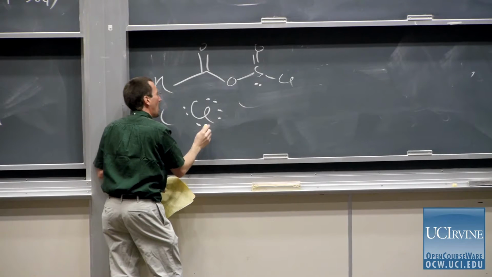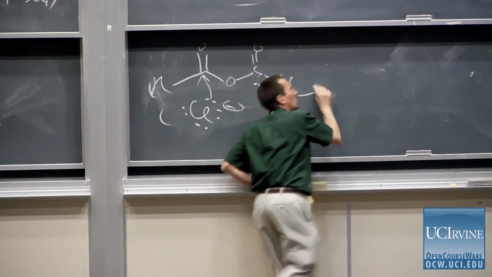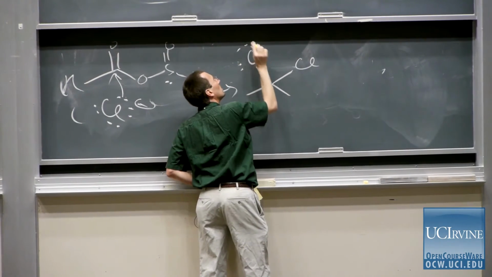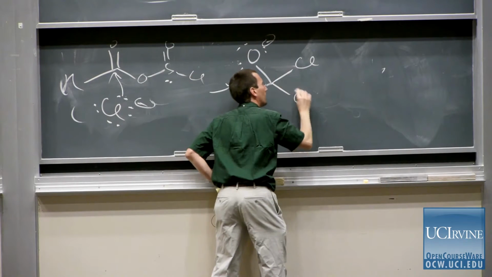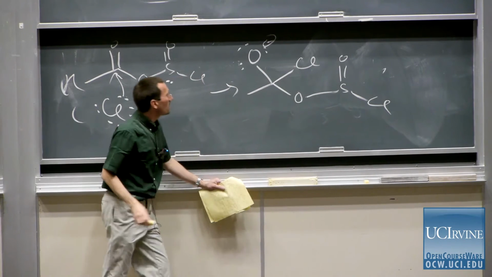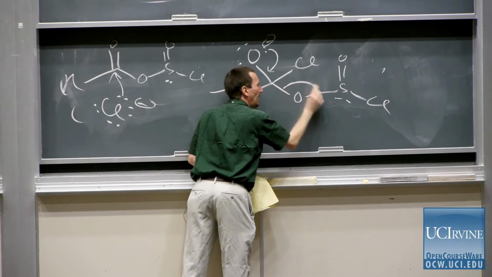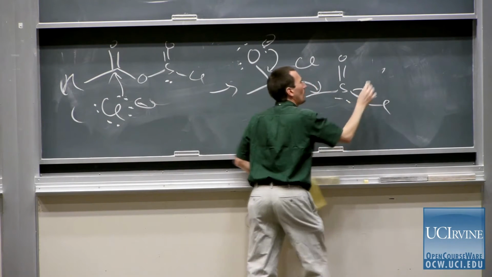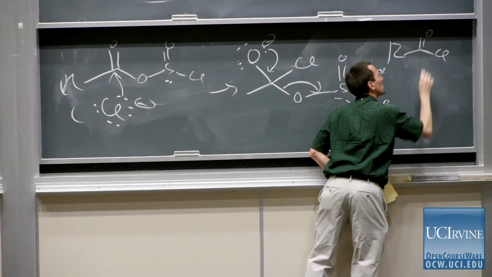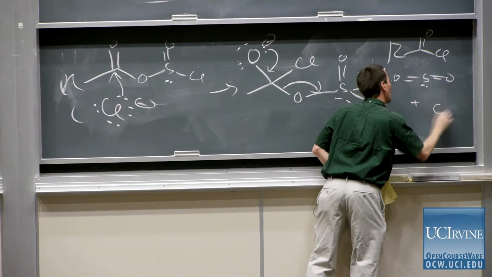We've kicked out chloride already. That's one of the byproducts. Chloride can come in, form a funny-looking tetrahedral intermediate, and that intermediate can fall apart, kicking out sulfur dioxide, so we get our acid chloride, sulfur dioxide, and chloride anion.